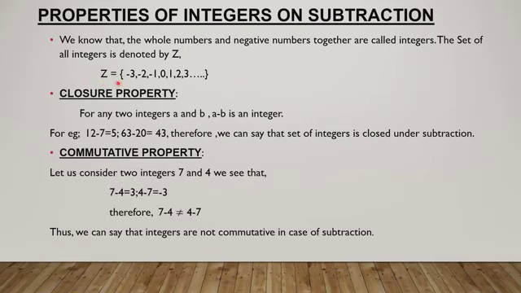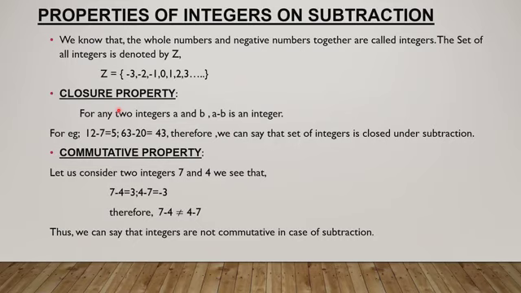Let us now move to the first property, that is the closure property. When we were discussing addition, I told you that if I add any two integers, the answer that we get is also an integer. Like 12 is an integer, 7 is an integer. If you add 12 plus 7, that is 19. So 19 is an integer.